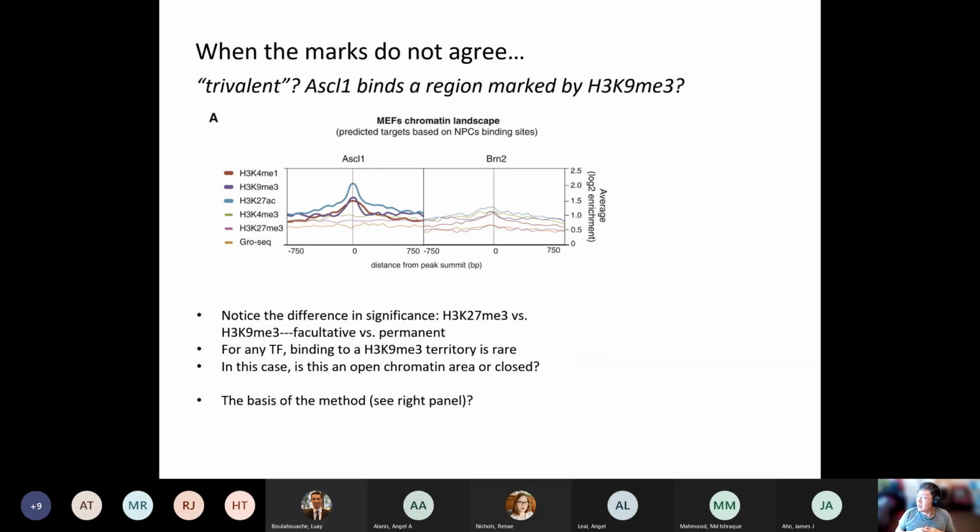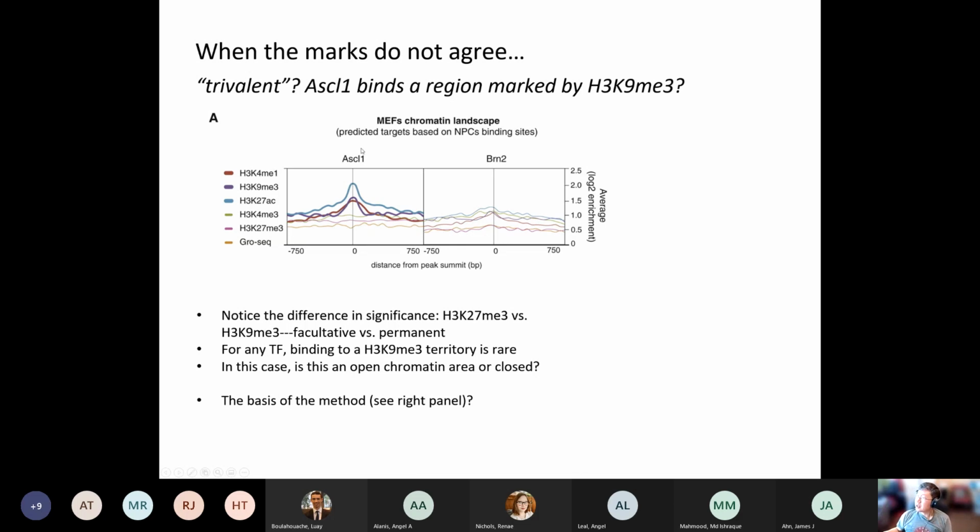Sure. And here I have another example. In another paper, they were trying to do reprogramming, making mouse embryonic fibroblasts become neuron cells. This is a direct reprogramming, not toward pluripotency, but toward another somatic cell type.